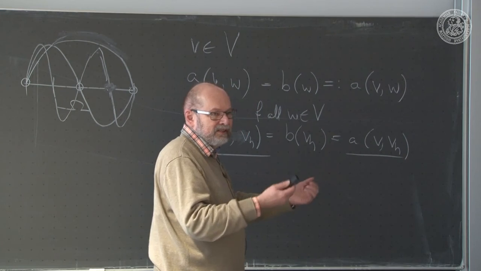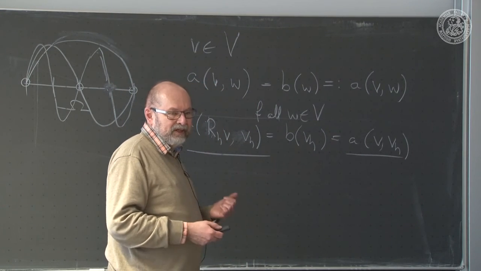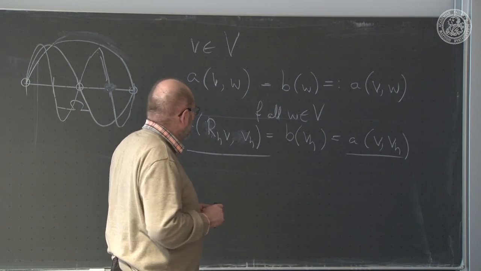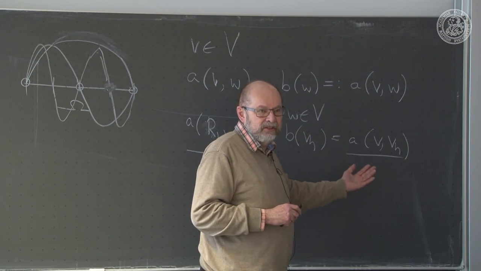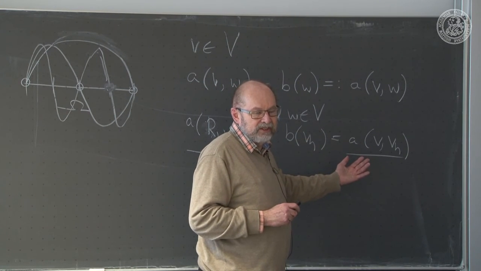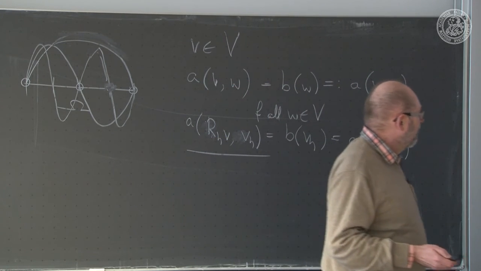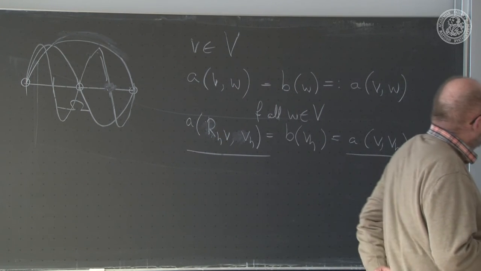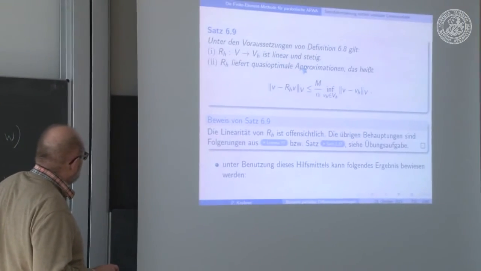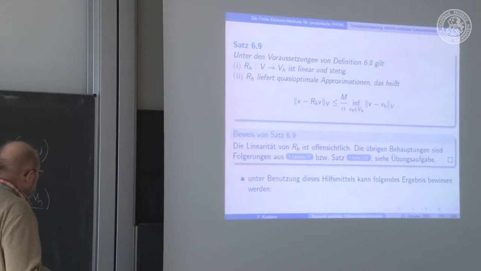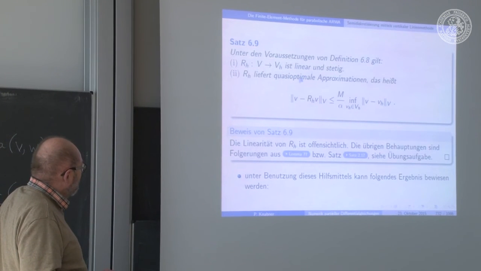And that means everything what we know about the finite element, so to speak, about the mapping from the right-hand side to the finite element solution holds also true for the Ritz function. Linearity, boundedness, and in particular, what is then called quasi-optimal approximation.